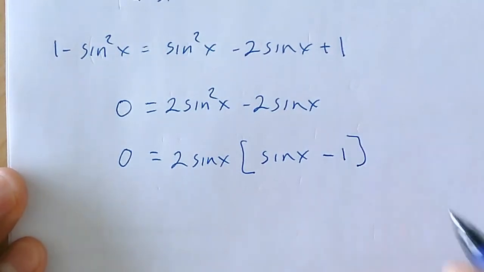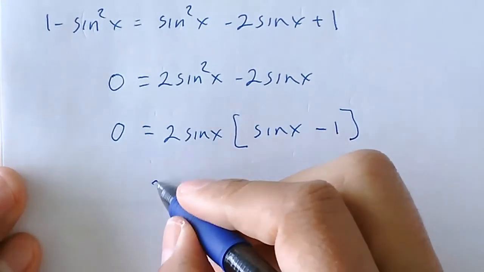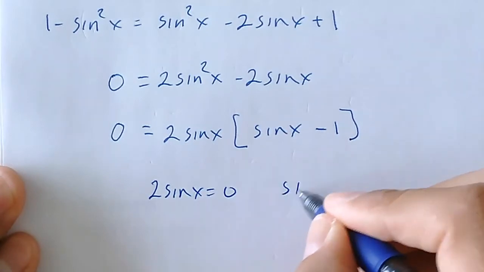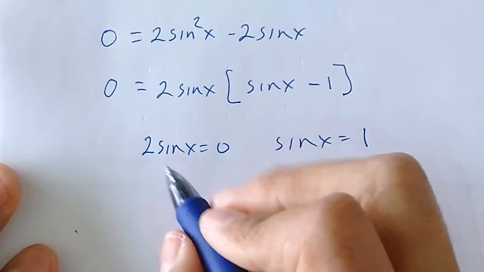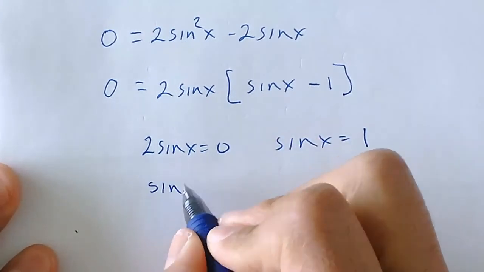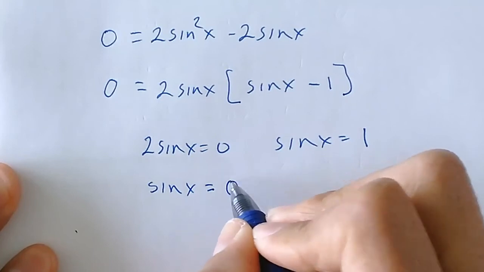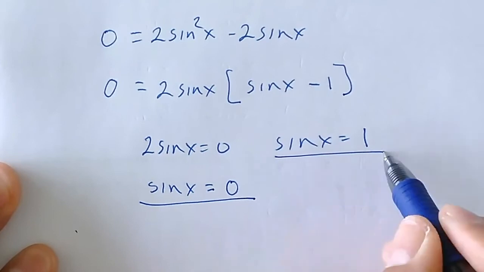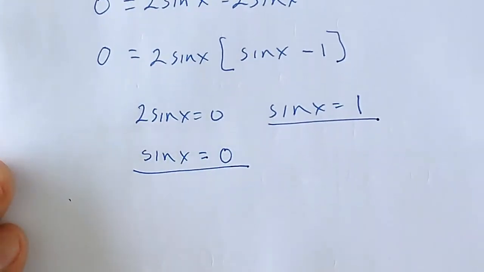Think about the sine graph. The sine graph will equal 0 a whole bunch of times, and remember that I could keep on going: 2 pi, 3 pi, 4 pi. The sine of x is equal to 1 at pi over 2, because I'm still within that interval.